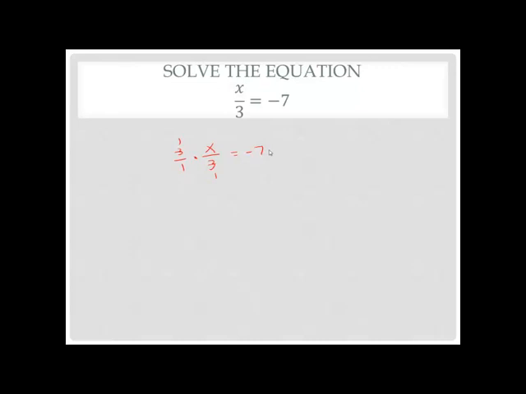But whatever I multiply by on the left-hand side, I have to multiply by on the right-hand side. So I need to multiply my right-hand side by 3 also. And a negative times a positive makes it negative, so I have x equals negative 21. And again, you can check this. If I replace x with negative 21, divided by 3 is negative 7.